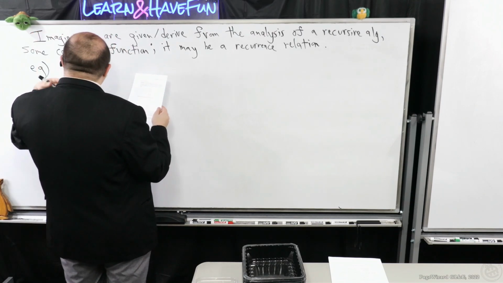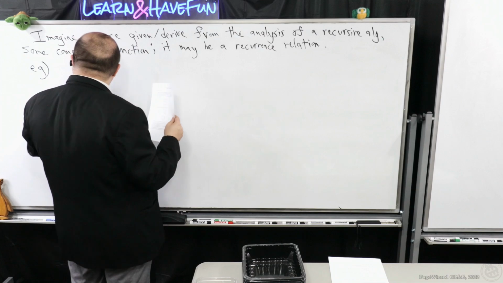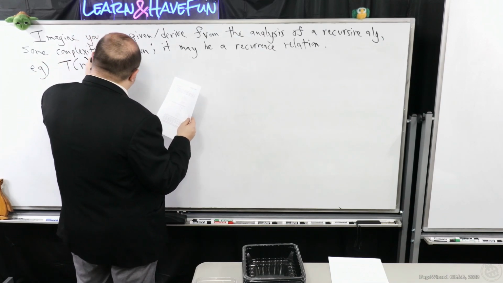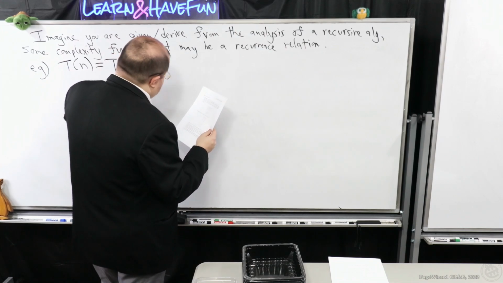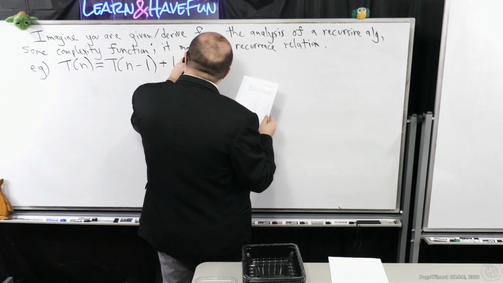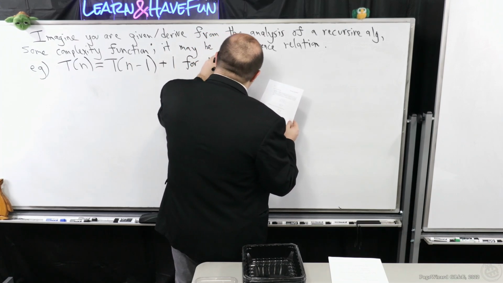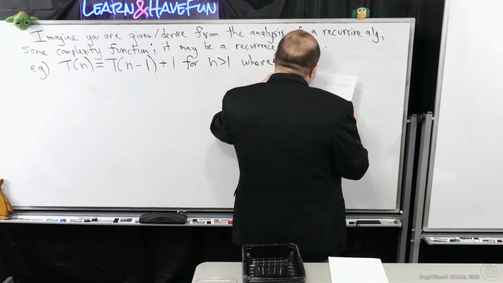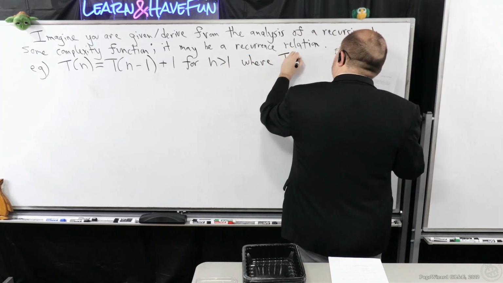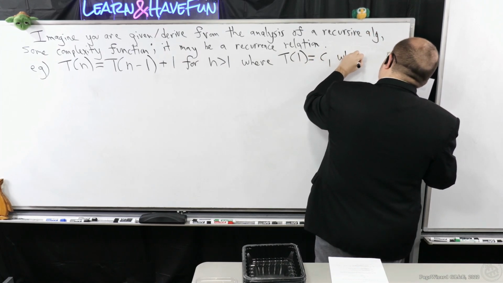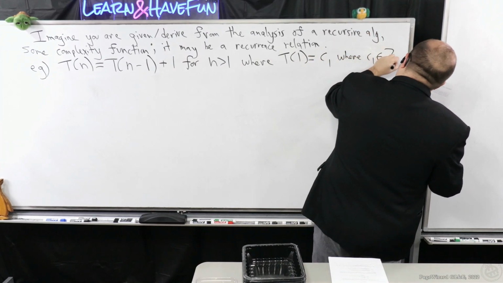This is going to be a little contrived of an example at first. So suppose I were to give you this function. It looks like this, for n is greater than 1, where T of 1 is equal to c1, where c1 is some positive integer.